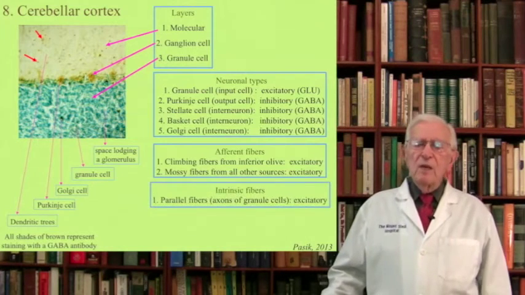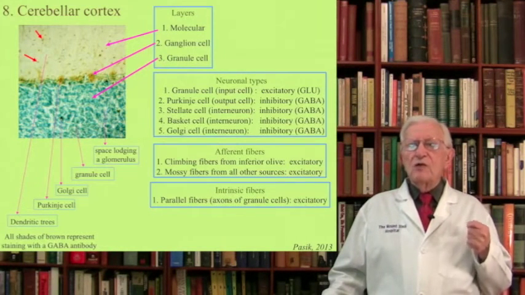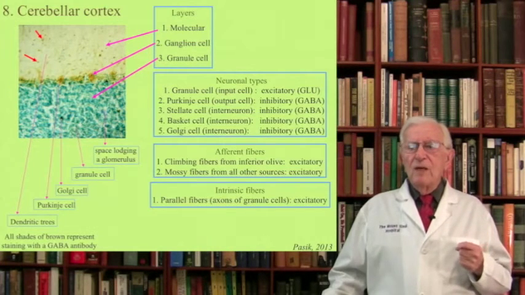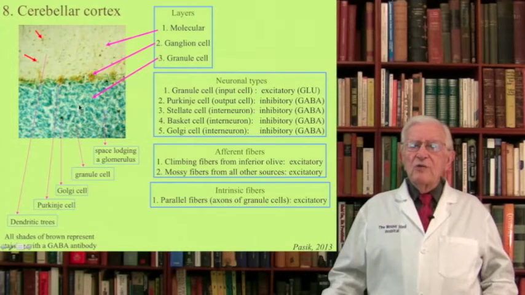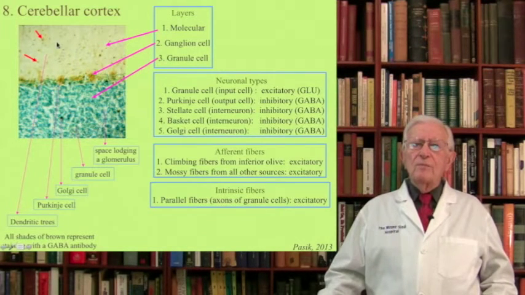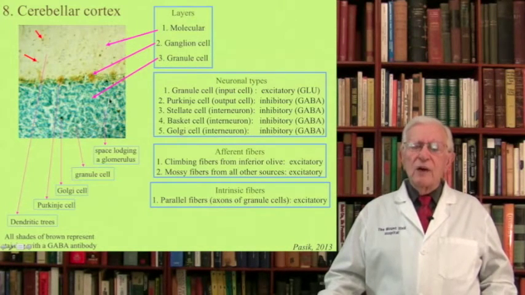So these are the afferent fibers to the cerebellar cortex: climbing fibers exclusively from the inferior olive, and mossy fibers from anywhere else. In addition to that, you have an intrinsic fiber, which is the so-called parallel fiber. Parallel fibers are actually the axons of granule cells. A granule cell in the granule cell layer will send the axon to the molecular layer. The axon will split into two in a T shape, and there will be a parallel fiber that goes through the entire molecular layer.